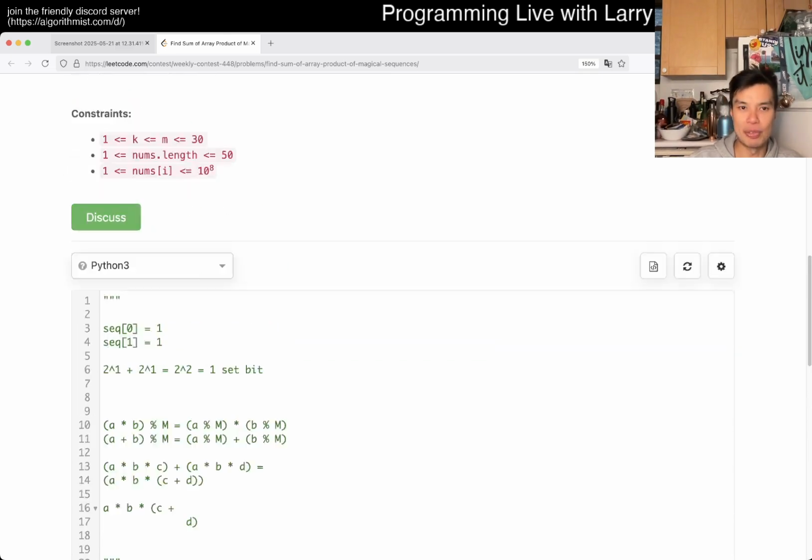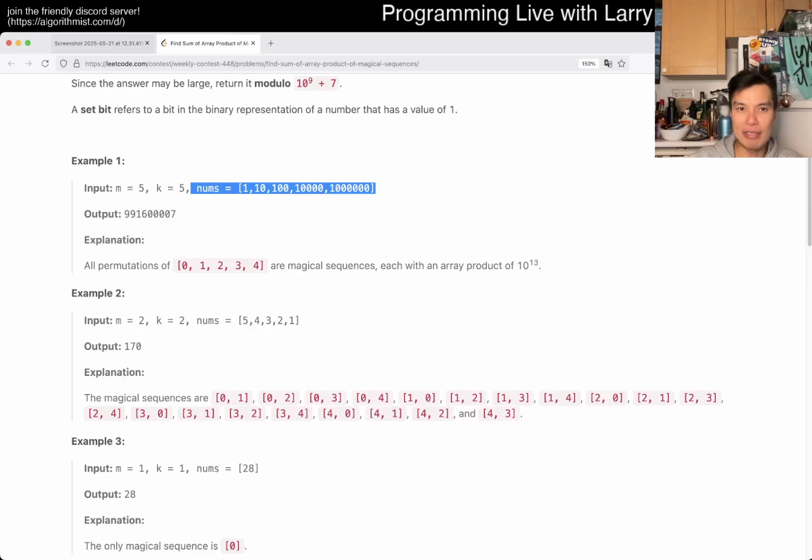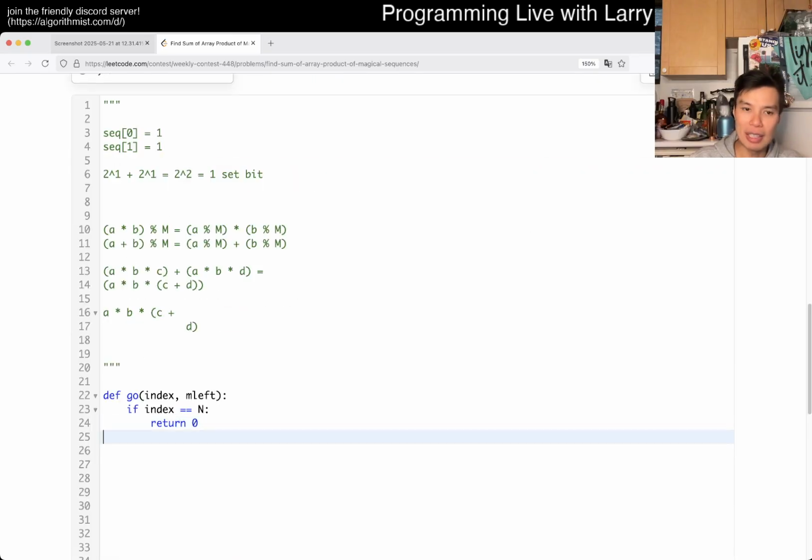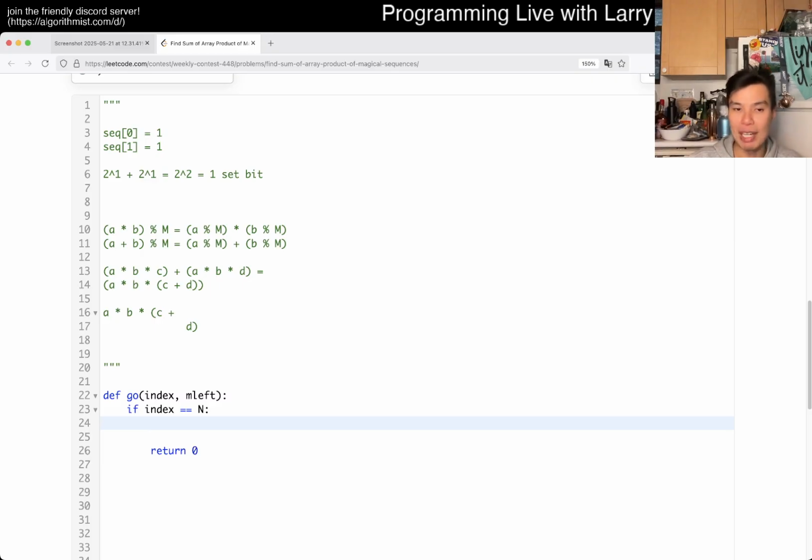This is just going through the nums array, right? Oh, sorry, this is wrong. If index is equal to n, we ran out of numbers. Then if m left is equal to 0, that means that we used all the m's that we care about. Then we return 1. Otherwise, we return 0 because there's no possibility, right?